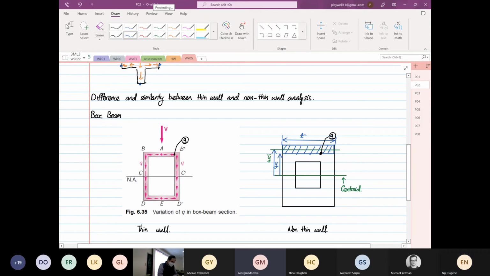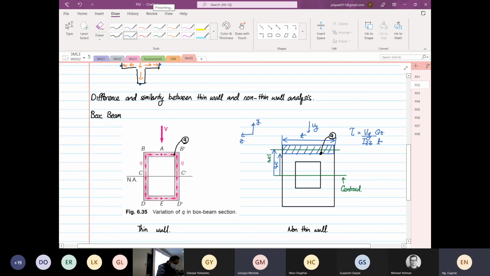Now, the formula that we use is still the same. I'll write down the formula. So Vy is still coming down here. If we comply with the transformation, the vertical is your Y and the horizontal is your Z. So the shear stress is equal to Vy over Izz, first moment of area Qz, and t.